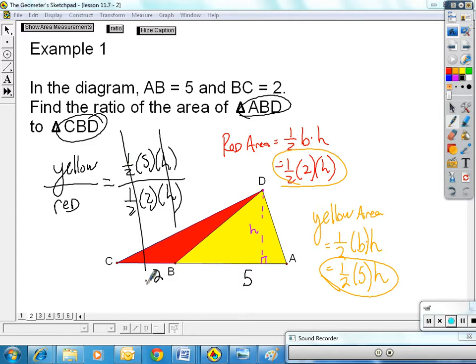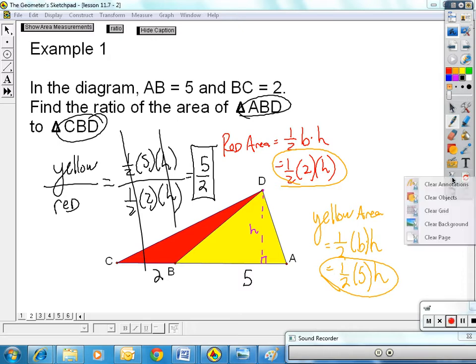I'm crossing out like factors. I'm left with 5 halves as my ratio of areas. Okay, so that one works kind of slick. The concept we're getting in this example is I don't always have to know what the areas are exactly to find the ratio of the areas. Let's move on.